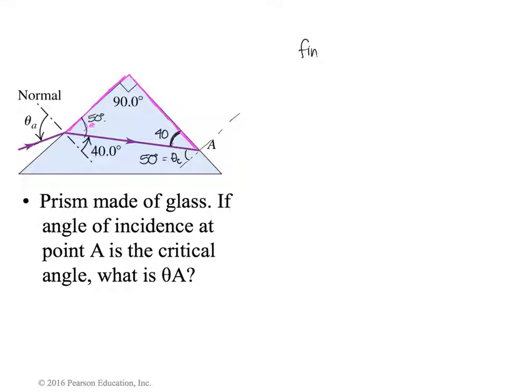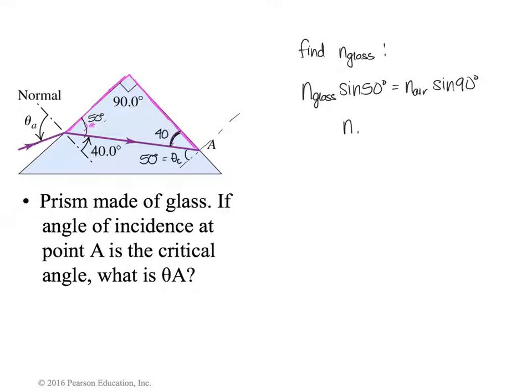So I'm going to find n for the glass. And the way that I'll do that is I'll say n for the glass times the sine of 50 degrees is equal to n for the air times the sine of 90. Because remember, what the problem told us is the 50 degrees is actually the critical angle.